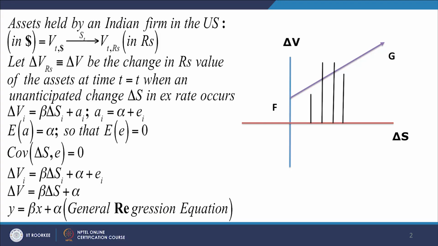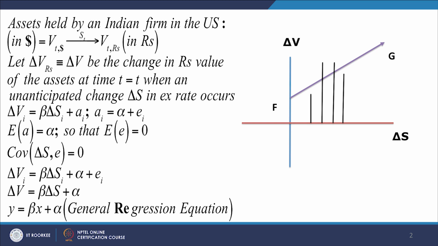and call them random. So, we can write this as delta V is equal to beta delta S plus some random component, let us call it A I. I put subscripts on A I, because A I refers to the observations that we are talking about, 1, 2, 3, 4 and so on, the number of observations.